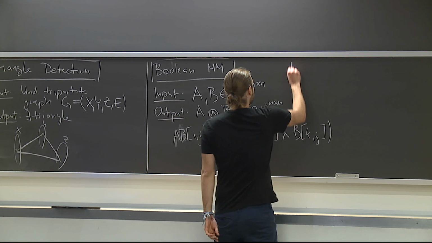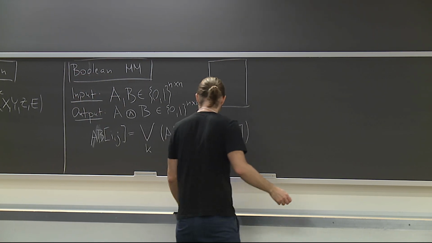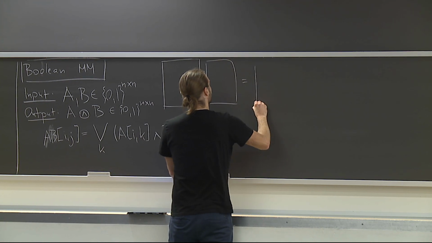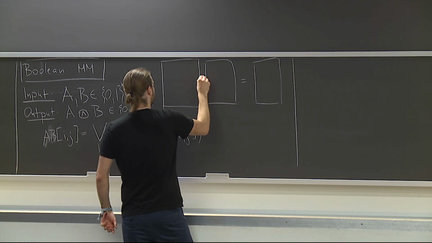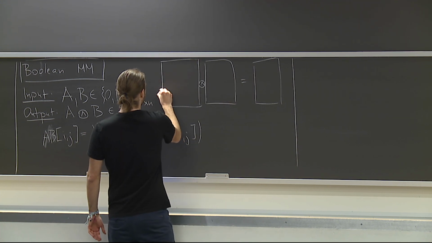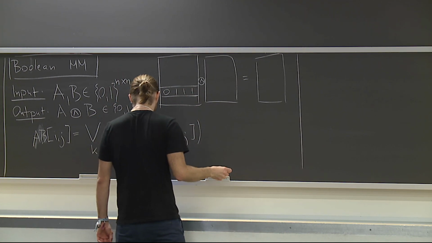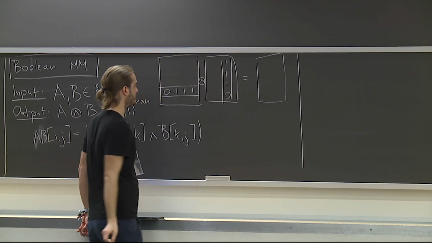Let me give you a quick example. So if I compute the Boolean product of these 2 matrices where, say, here you have a row with 0, 1, 1, and here you have a column with 1, 1, 1, 0.